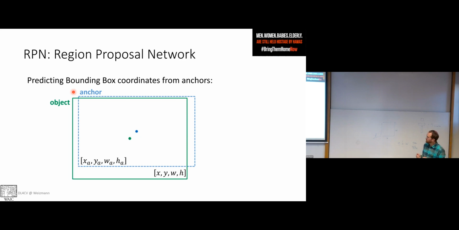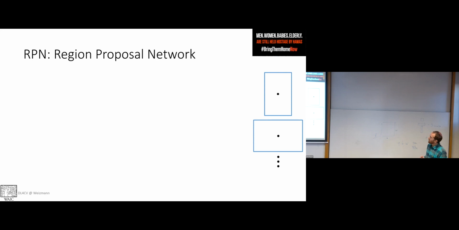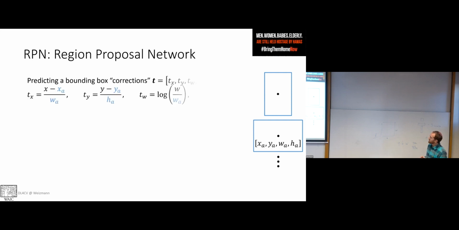So we want to be able to refine it. What we are predicting for each and every one of the anchors is a correction in the position of the center of the bounding box and the scale that we want to output.